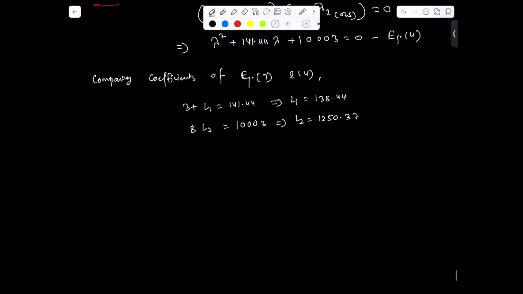Right. So this is the observer gain matrix. With these observer gains, the observer error dynamics goes to 0.